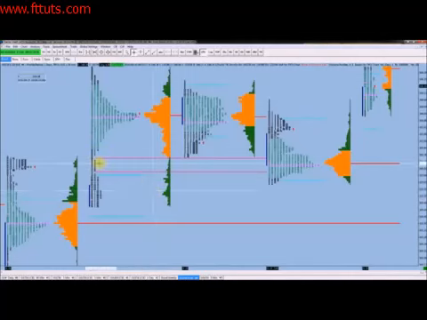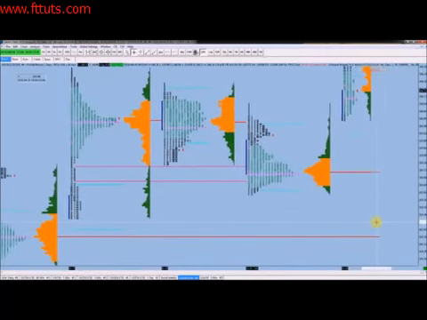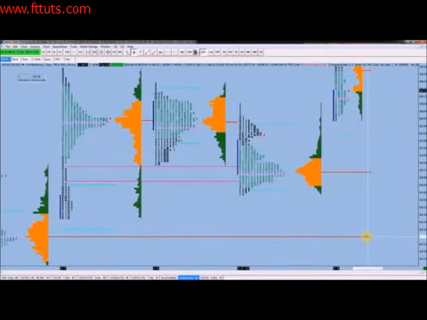So you recognise, when you were looking at the images on the slideshow, this is very clearly where they've come from. At the minute you can see this is what we saw the other day, our close, our single prints. This naked VPOC is still running. It's still underneath the market.